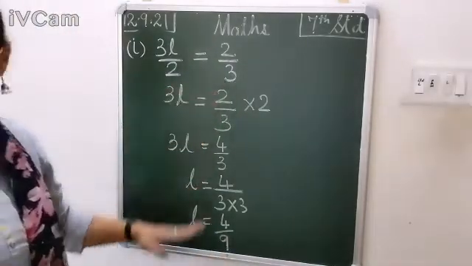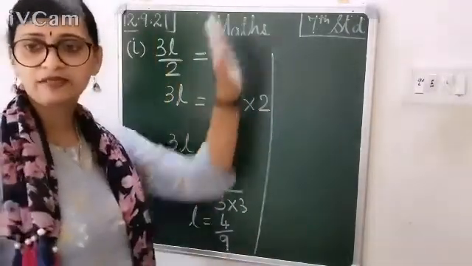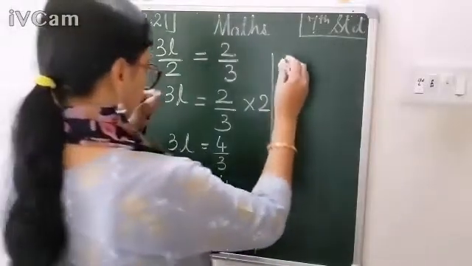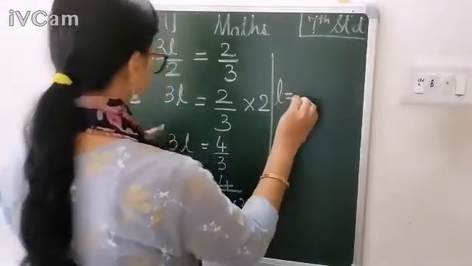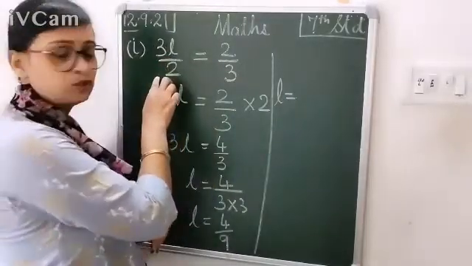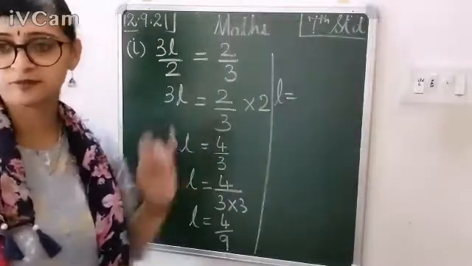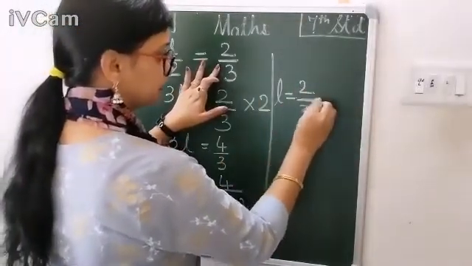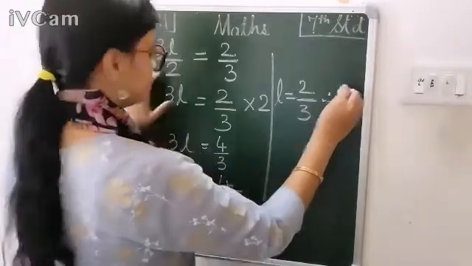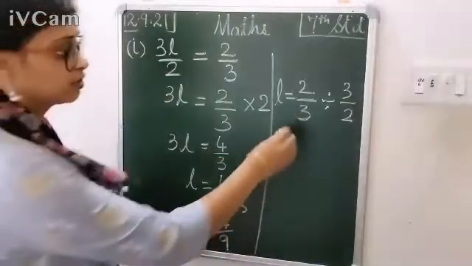You can either do it this way or directly bring the fraction to this side, which means your second step will be L is equal to, you have 3 by 2. When you bring 3 divided by 2 to this side, you already have 2 by 3 here, correct? We'll put a division sign and write 3 by 2, because it has to come to the denominator.